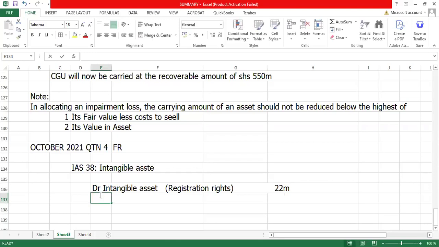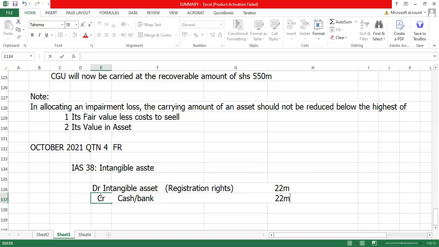Then you credit what? You credit how did you acquire? You paid cash or bank. Cash or bank. Okay, that is number one. 22 million.